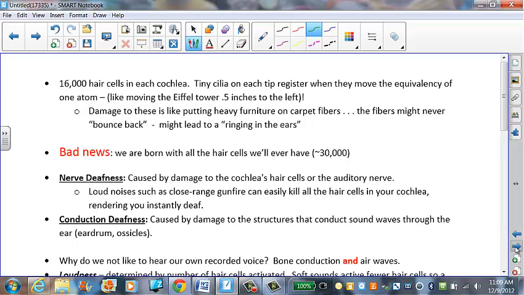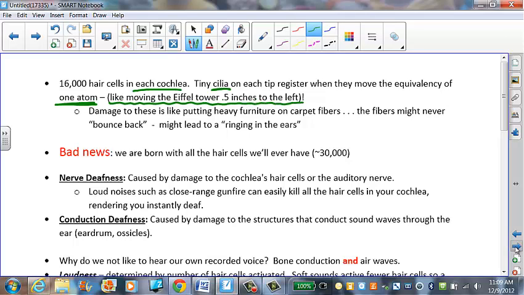Now, we have about 100,000 hair cells in each cochlea when we're born, and those tiny little cilia, as we review, register when they move just a fraction of a millimeter, or the equivalent of one atom. So we have really sensitive hearing. It's kind of compared to moving the Eiffel Tower a half an inch to the left.